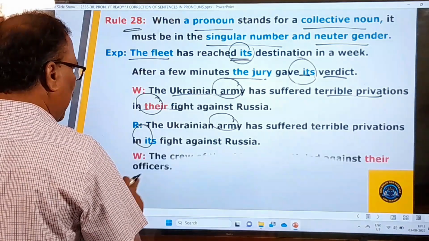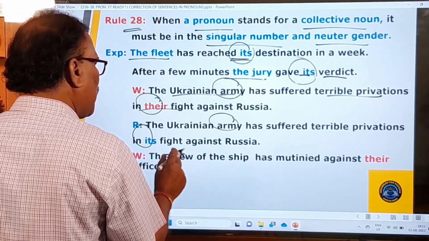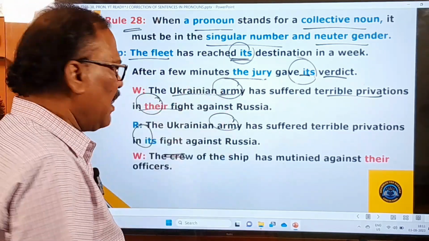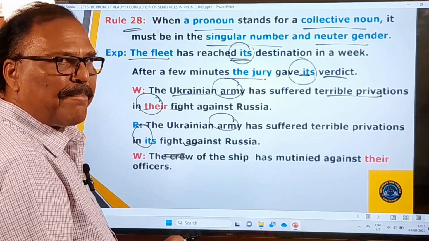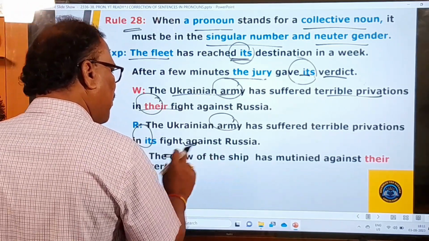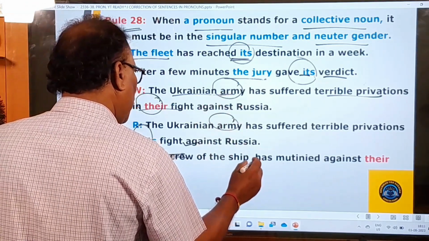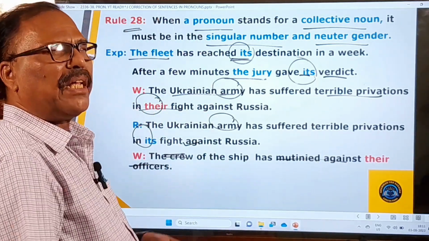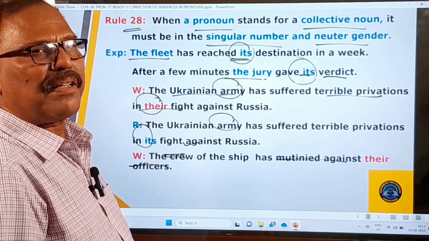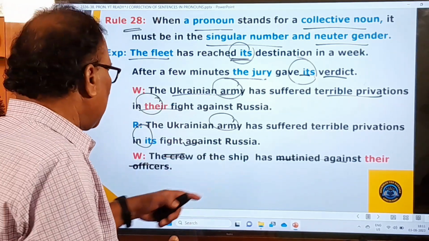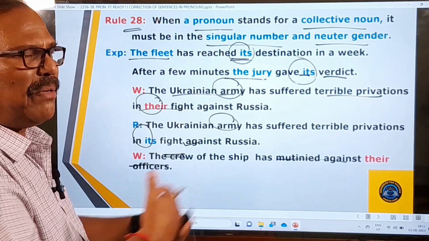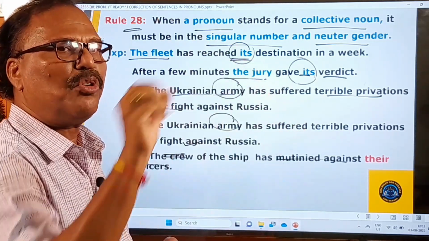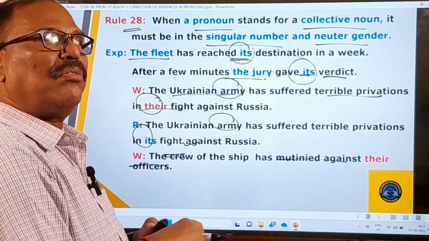Next, the crew of the ship. Crew means the members working on a ship. The crew of the ship has mutinied against their officers. Mutinied means rebelled, refused to accept their authority. Mutiny means refusing to accept somebody's authority: revolt, rebel.